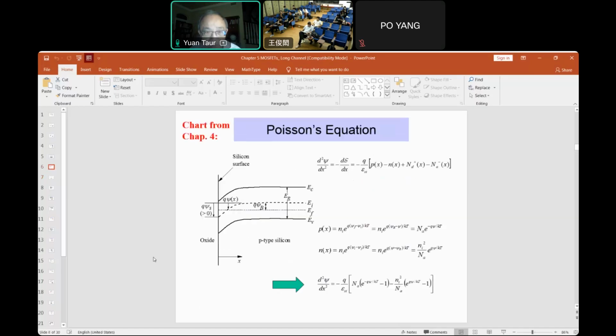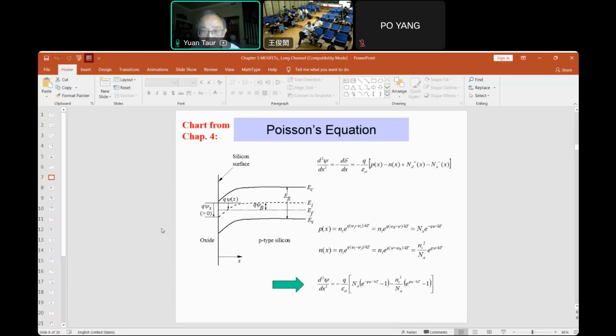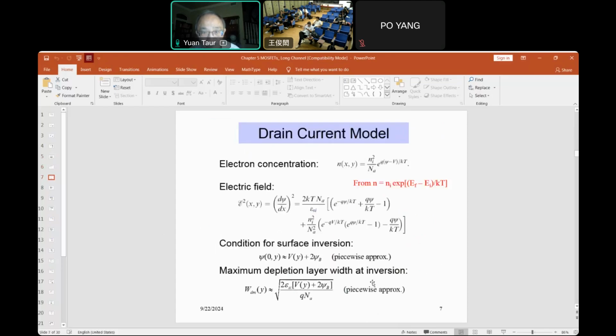In other words, for a given gate voltage, the electron density will decrease from source to drain because V goes up. V is the quasi-Fermi potential for electron. So for higher quasi-Fermi potential, for the same gate voltage, electron density will decrease according to this.